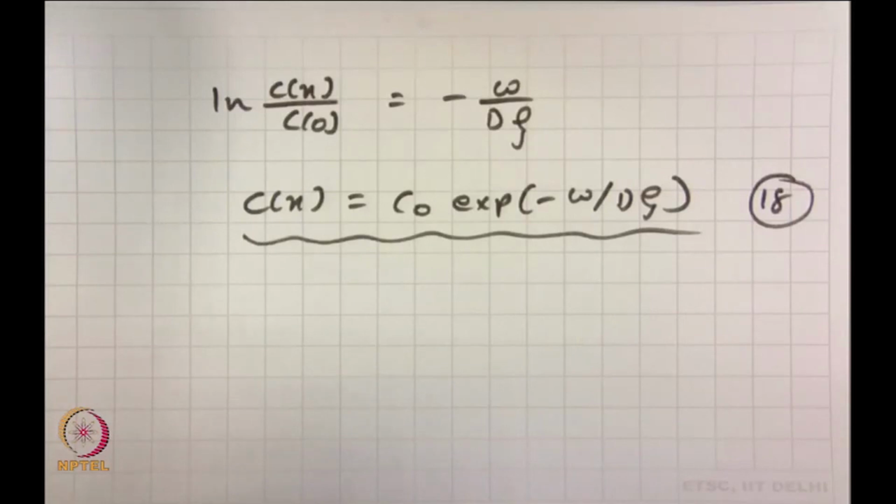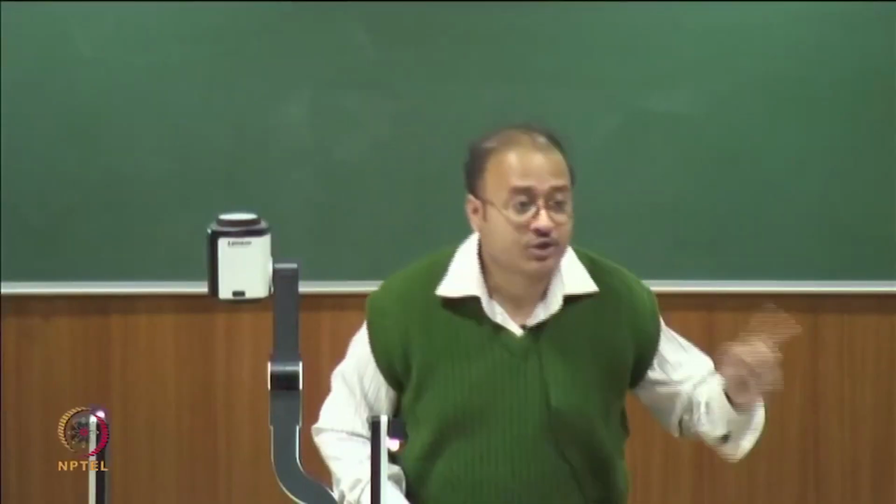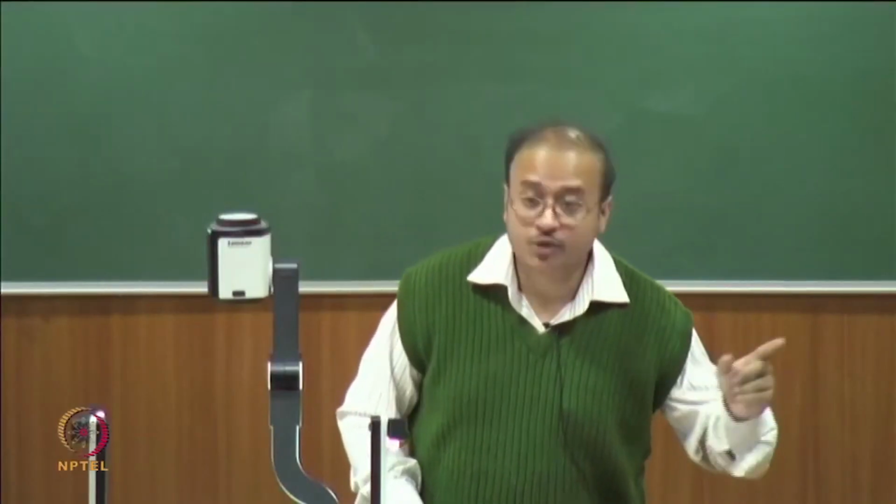Okay. Now, one more thing, because we are at equilibrium, what sort of statistics apply? Starts with a B, Boltzmann statistics, because we are at equilibrium.